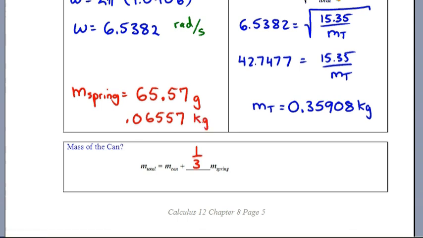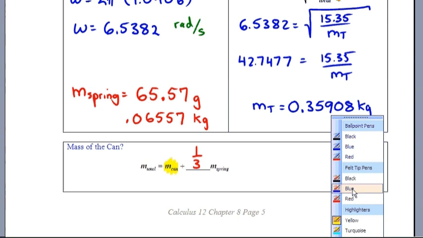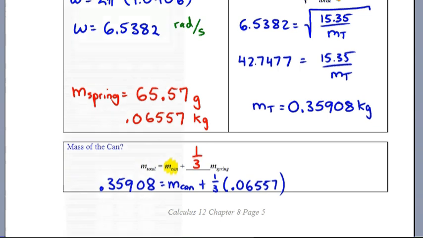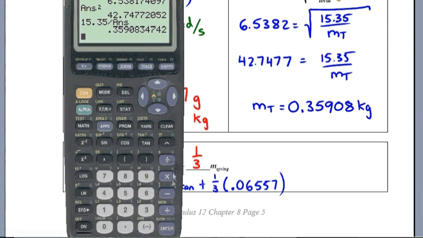Okay, now I'm going to go and see if we can find the mass of a little can of water that would actually work, that would give us just this perfect bounce. So I would have 0.35908. It's going to be the mass of a little can of water plus 1/3 of 0.06557. Okay, so I just have to do a little subtracting here now, and then this thing's ready for testing.